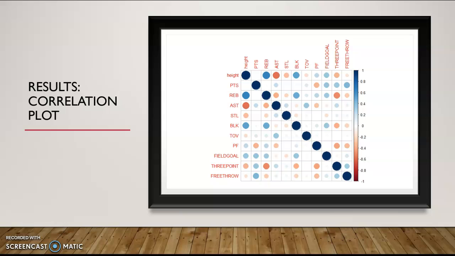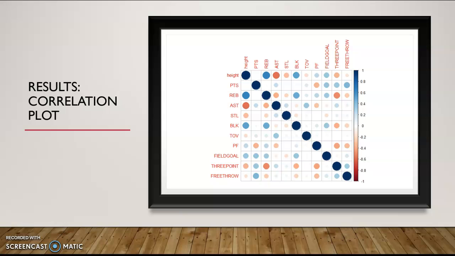I also just wanted to add a correlation plot just to reference how the model picked compared to the correlations of each variable. So what's important to look at here is this top row, because it's correlating height with each of the variables.